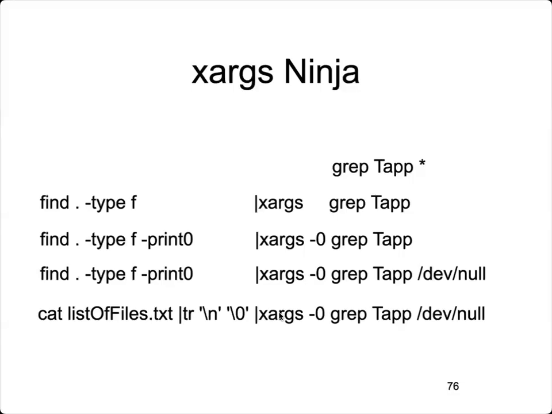So having xargs and knowing it exists and knowing how you overcome the spaces is the important takeaway on this. That's for running any number of commands, not just grep. You may be running a command that is not as flexible as grep, and you want to use the -0 option.